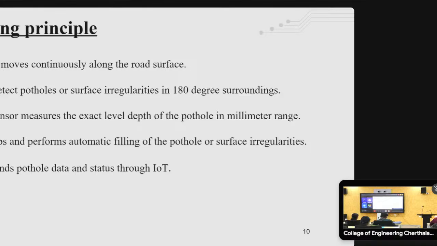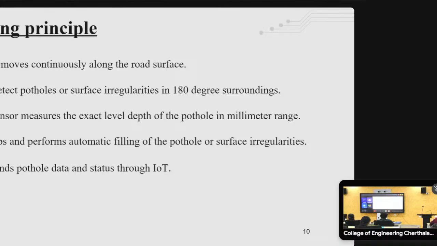The robot moves on the road surface continuously, and the TOF LiDAR sensor detects surface irregularities and potholes, working in a 180-degree rotation with the TOF module.